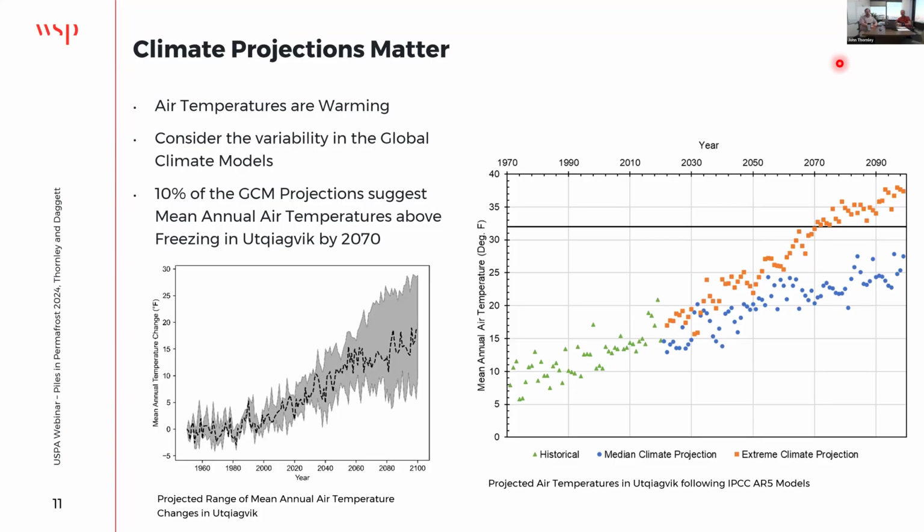And then if we want to talk about something in 2090, we could be looking at 25 degrees under median climate.